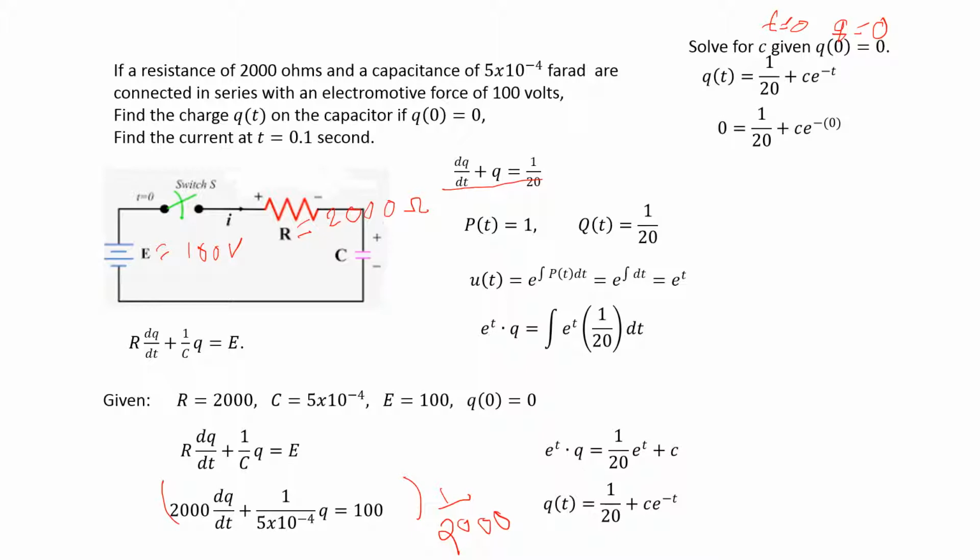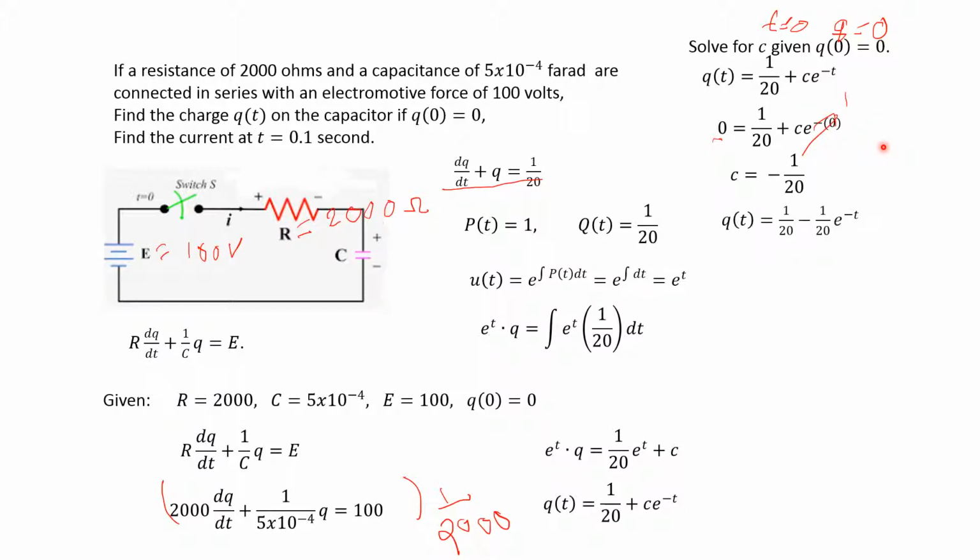You have 0 is equal to 1 over 20 plus c e to the negative 0. Of course, this is 1. Therefore, your c is negative 1 over 20.